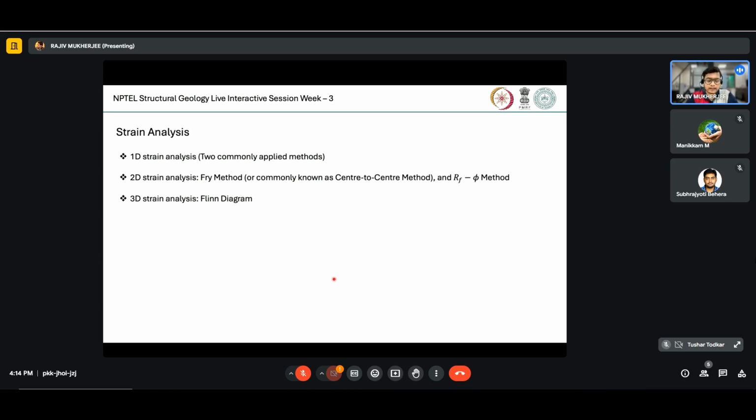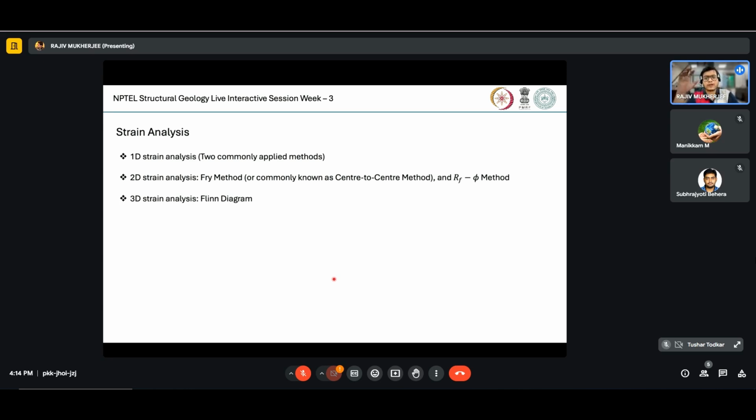So as a structural geologist, when we are dealing with strain, we have to be very careful about deciphering these episodes of deformation. We have to decouple the different episodes of deformation that are entangled with each other, and as a result we are seeing a cumulative effect of multiple phases of deformation in a rock.